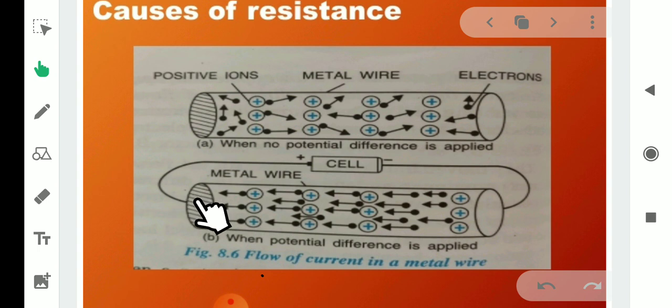Now the electrons start flowing from the negative terminal towards the positive terminal. You can see the motion of the electrons here, dotted with an arrow mark.